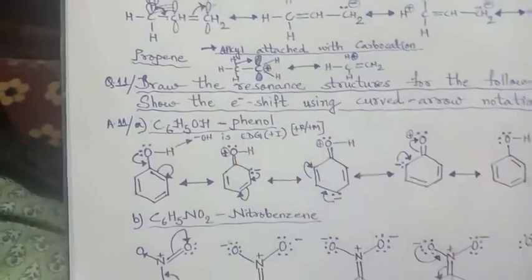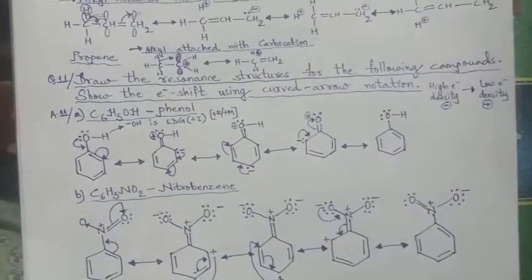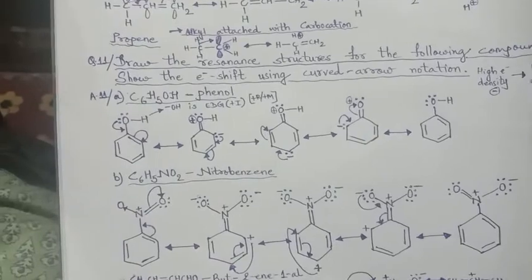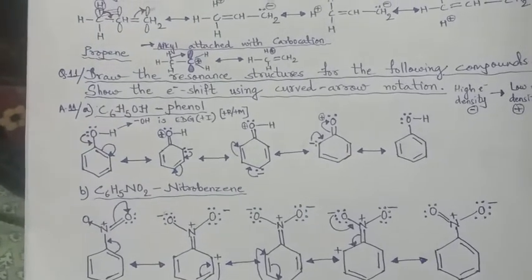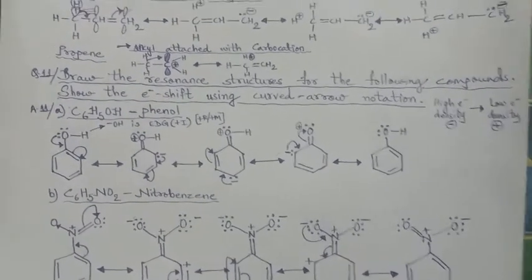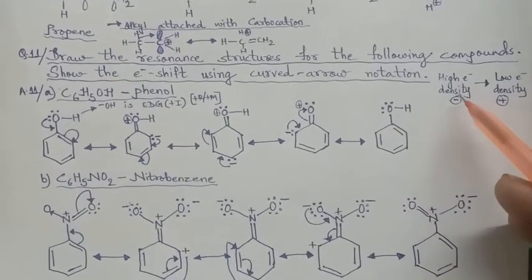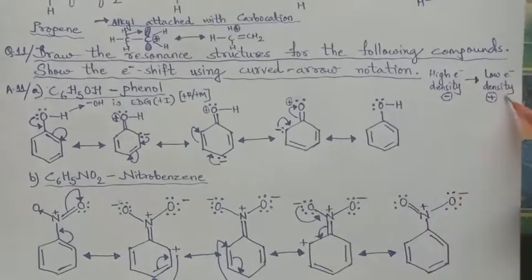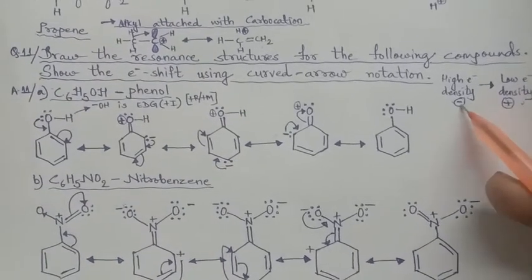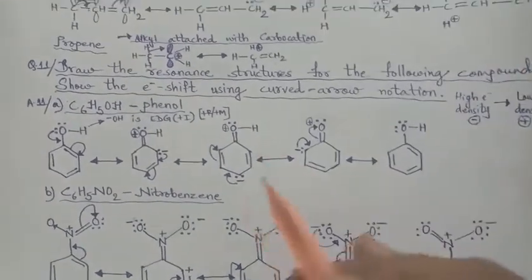The next question is, draw the resonance structures for the following compounds and show the electron shift using curved arrow notation. Take care always that electron shifting will always be from high electron density to low electron density. That means from negative charge to positive charge.